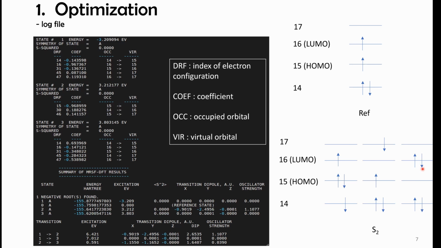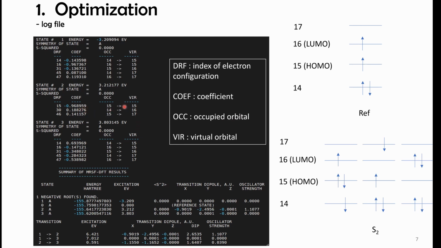What I see, in state 2, you have a 15 to 15 transition. It means that it's just a flip. Yes, exactly, just a flip. And this is the main contribution, 15 to 15.